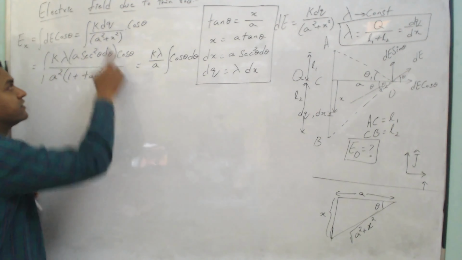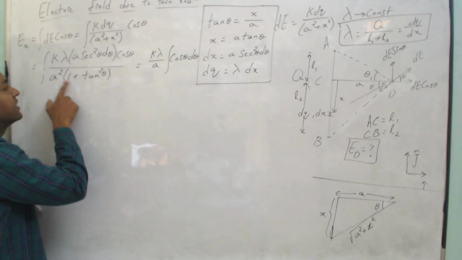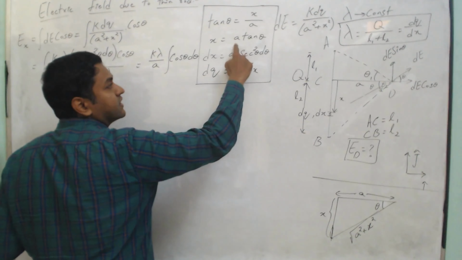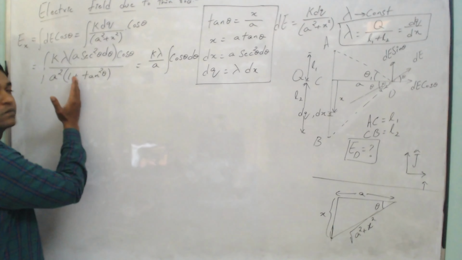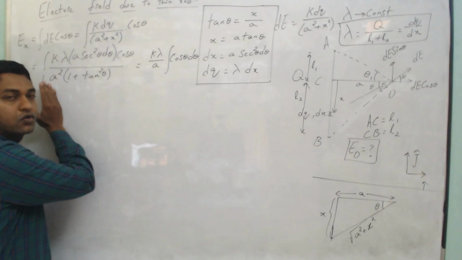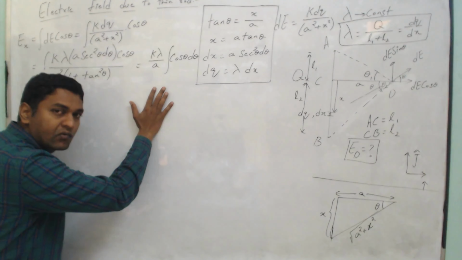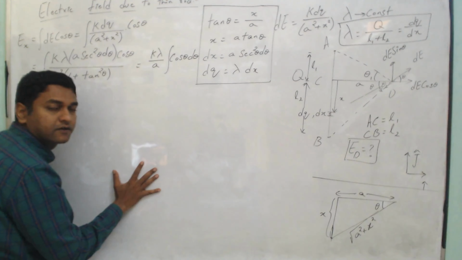In the denominator, I have a square plus x square, which is a square tan square theta. Taking the a square common, it becomes 1 plus tan square theta. And from previous, I already have cos theta.